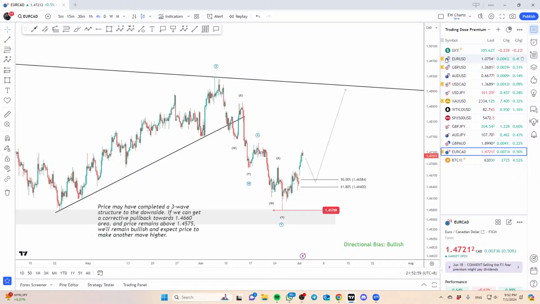So again, those that are tagged over here, those are the ones that I'll highlight and say that it's worth noting. But definitely you still want to wait for the setup to come to you. And of course, this Friday we do have NFP, so that's something you want to keep an eye on as well. Okay. Good. So generally that's from my side.